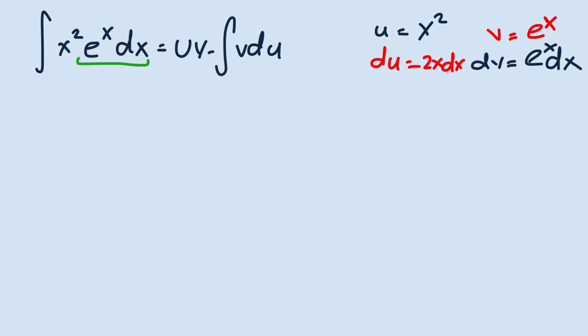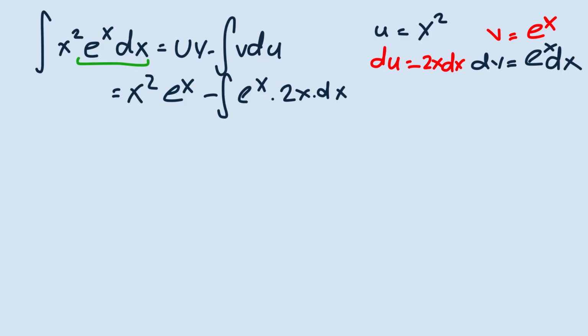So let us start plugging these values into this formula. uv, which is x squared times e to the power of x, minus the integral of v du, which is e to the power of x times du, which is 2x dx.